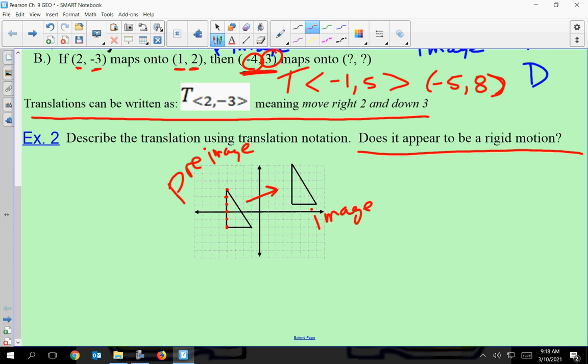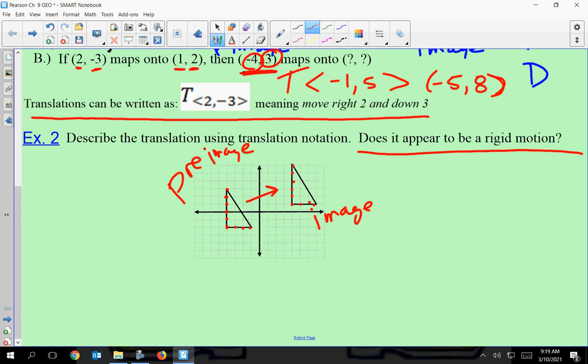The same corresponding side over here, I got 1, 2, 3, 4, 5, 6. So to me, it looks like it's the same, but it has to be the same for all. So if I did the bottom here, 1, 2, 3, 1, 2, 1, 2, 3. Looks to me like it stayed rigid.